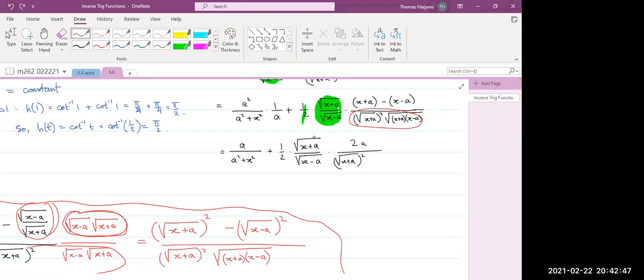Actually, it turns out to be a very nice expression. This is x plus a square root of, it's already under square. Let me do it this way instead.